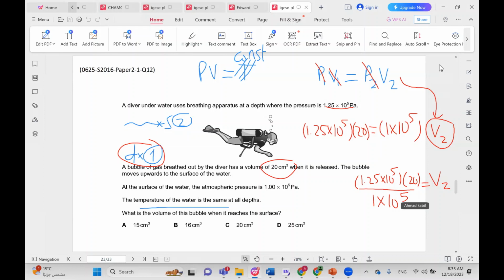And you simplify, so these are cancelled out. 1.25 times 20 gives us 25. So the correct answer here for V2 would be 25 centimeters cubed.